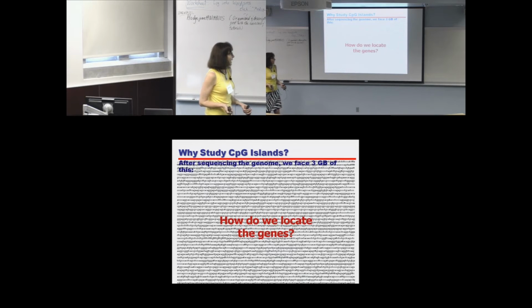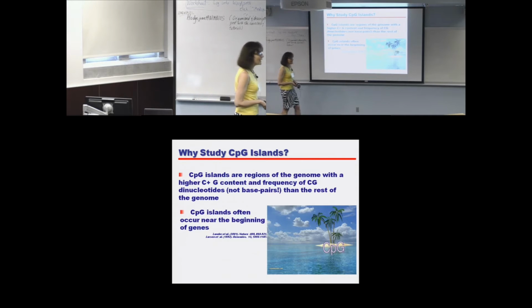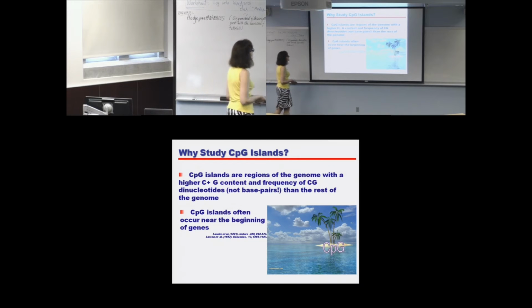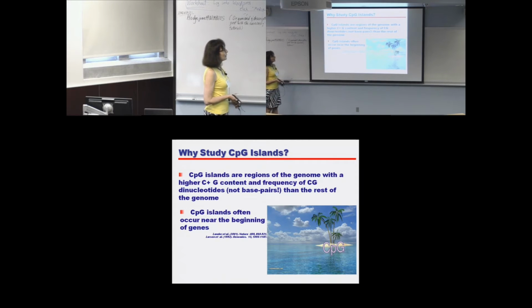So how do we locate the genes? That's a big question, and CpG islands can be a proxy for helping us identify the genes. So what are they, in a lay definition? Those are regions on the genome that have higher C and G content than other regions.